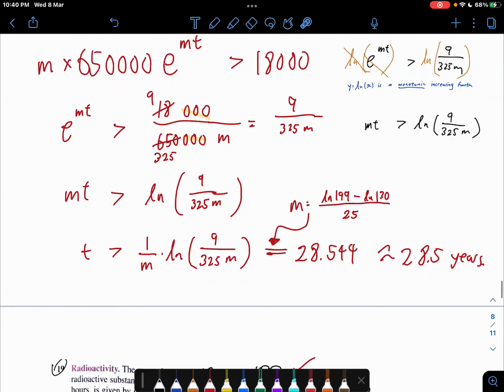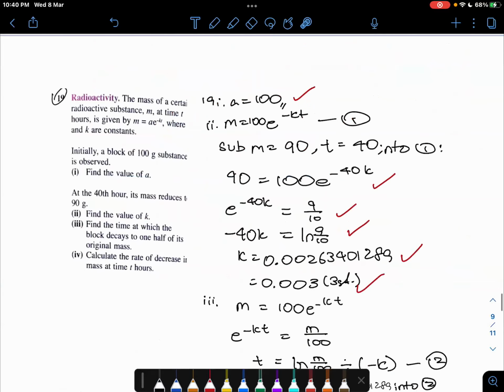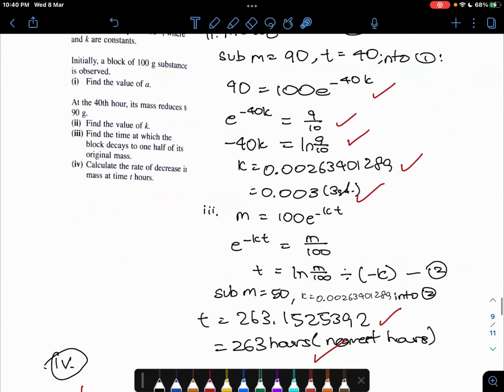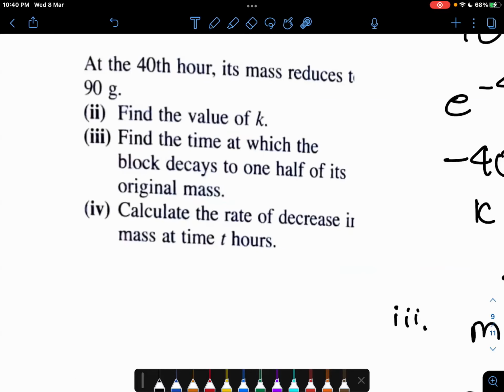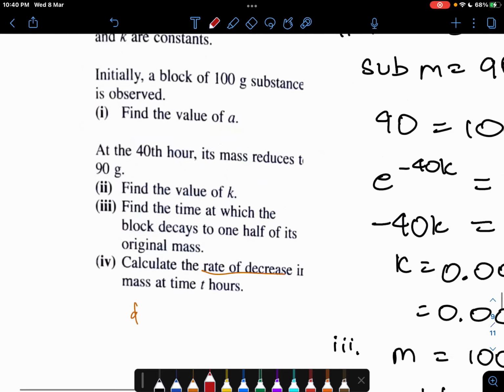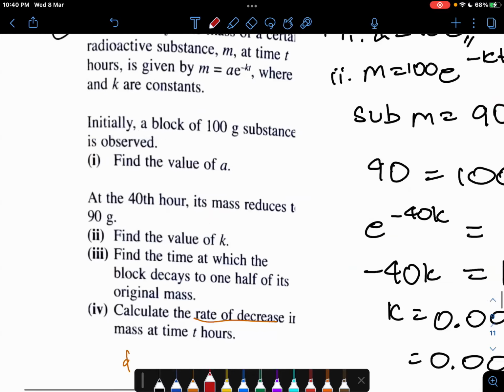Very good. Next, radioactivity. I think it was fine, right? For part 4, calculate the rate of decrease. So what does it mean? You're trying to find dm over dt. Exactly, that's it.